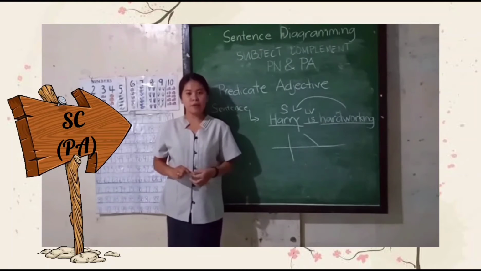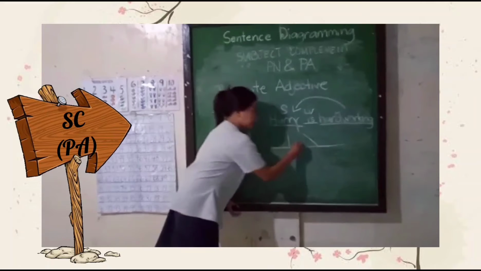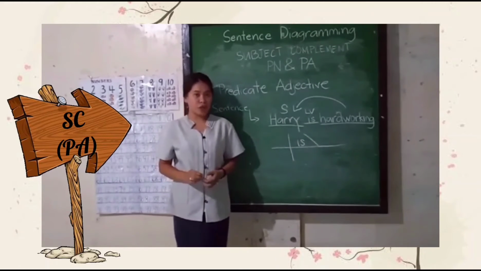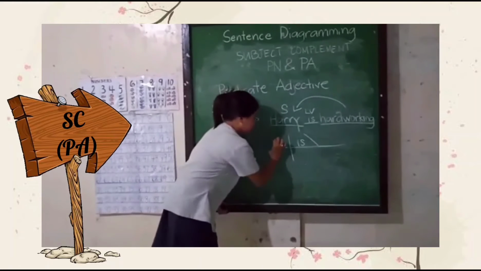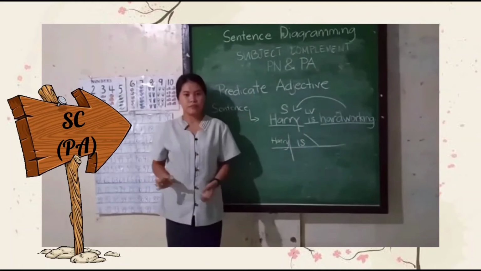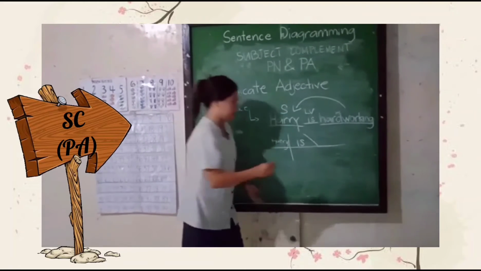And then simply fill in this diagram: our linking verb is, our subject is Harry, and our predicate adjective is hardworking.